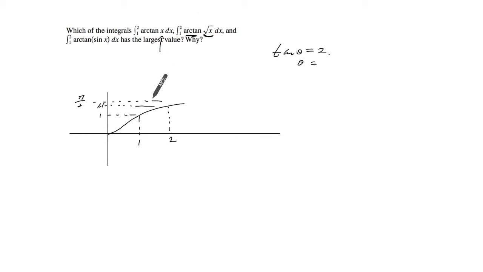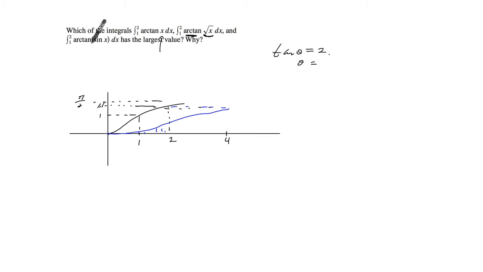Here, I had to plug in 2 to get 1.1. For this one, because it's square rooted, I have to square, so I have to put 4, and I'll get the same 1.1. So it's essentially a stretched graph. Okay, it's going to look like this. You can see the area has to be smaller than arctan.